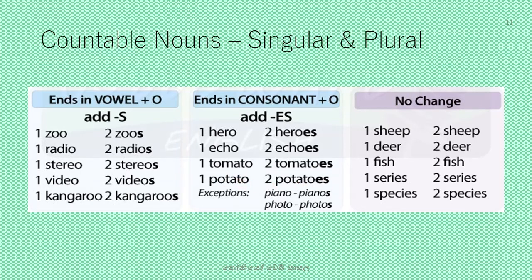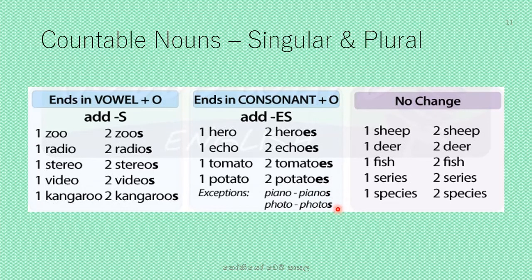But there can be some exceptions like piano, pianos. Photo, photos. So most of the words which have a consonant followed by an O at the end of a noun will add ES, but there can be a few such exceptions.